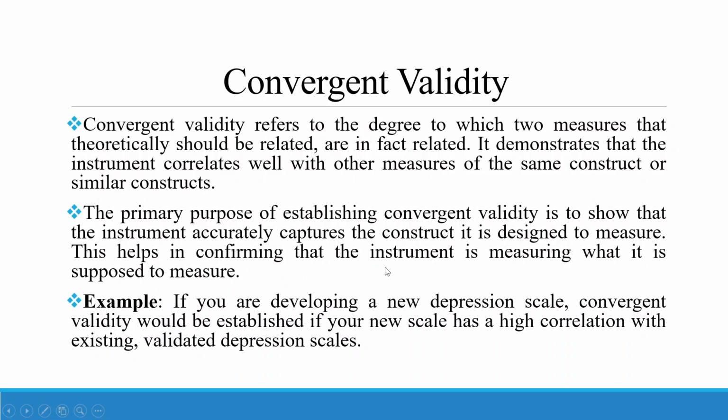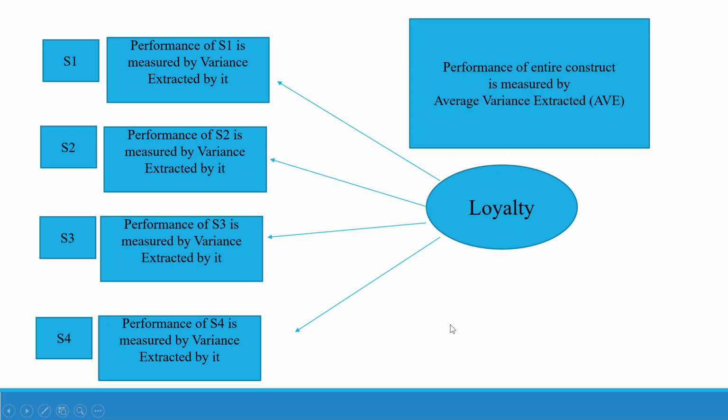This helps in confirming that the instrument is measuring what it is supposed to measure. Example: if you are developing a new depression scale, convergent validity would be established if your new scale has a high correlation with the existing depression scales, and this will validate the new scale.